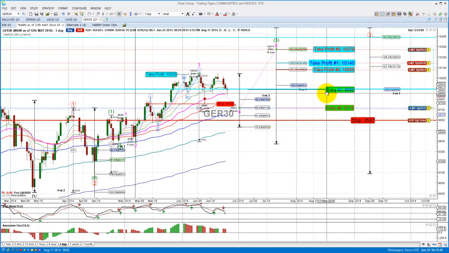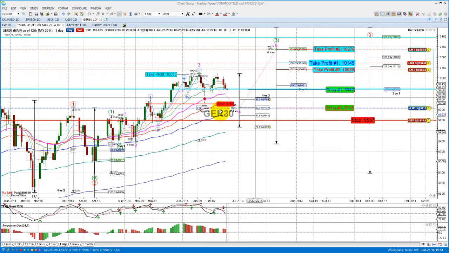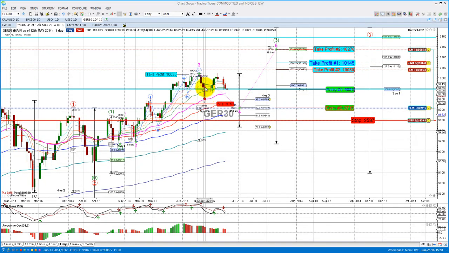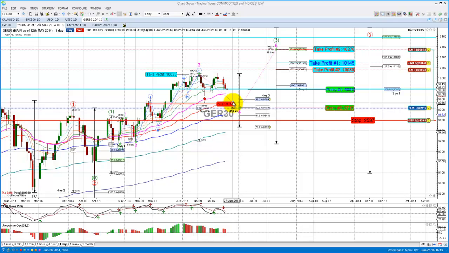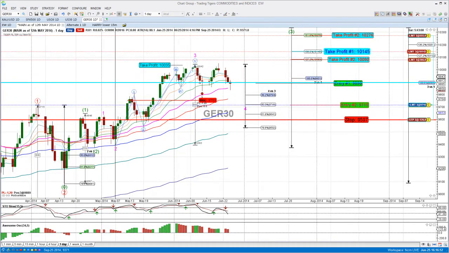And incidentally, this entry here where we are right now was an entry on the minute degree, and that's where it was for its wave 4 position. So if price does come down there, probably we could be stopped out at that particular position.